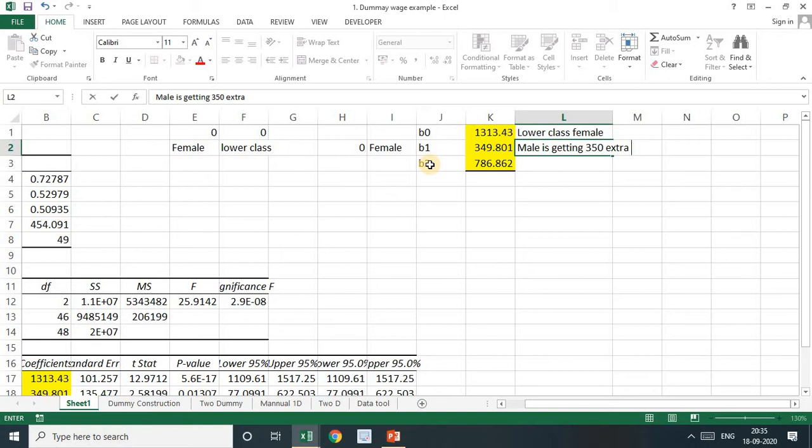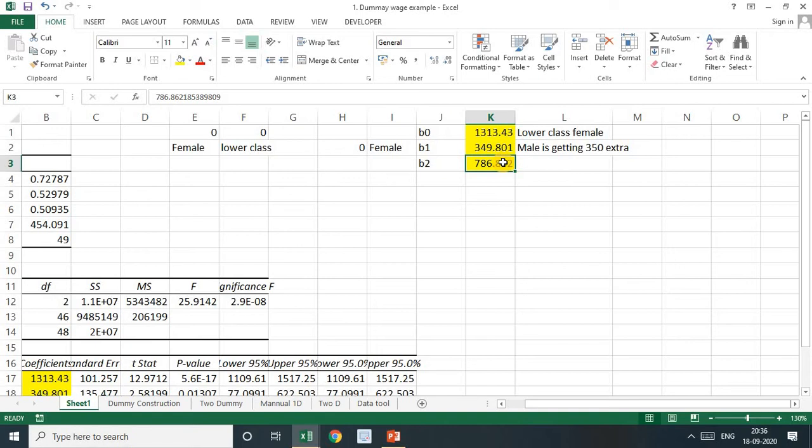That means there is a gender difference. When you interpret this result, we are assuming caste as constant. Assuming there is no caste difference, males are getting around 350 rupees extra compared to females.